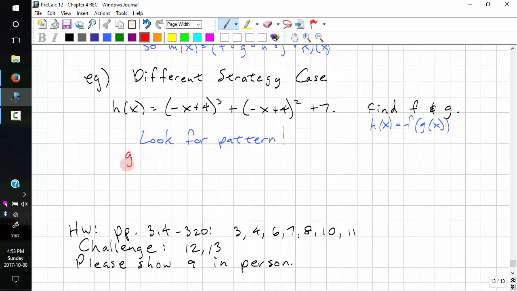So our g of x, this pattern is the same as this pattern. So we have minus x plus 4, and that makes our last one easy. So now we're substituting this. So this would have been x cubed plus x squared plus 7.